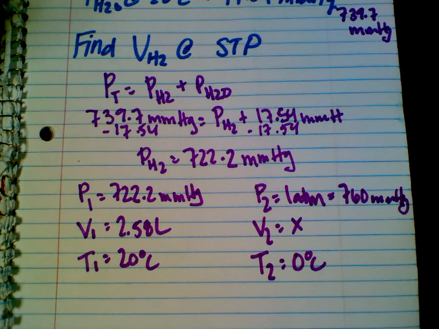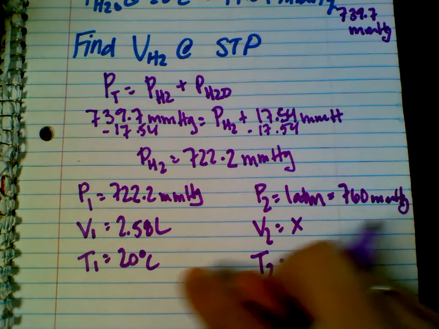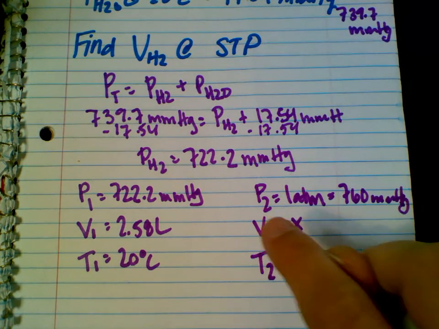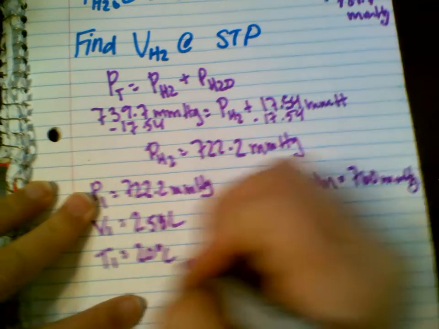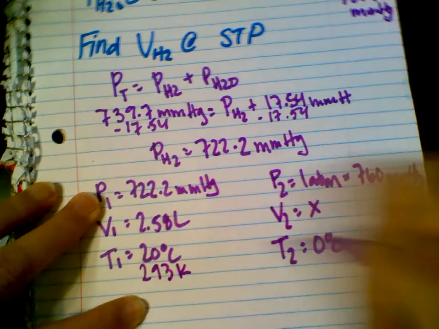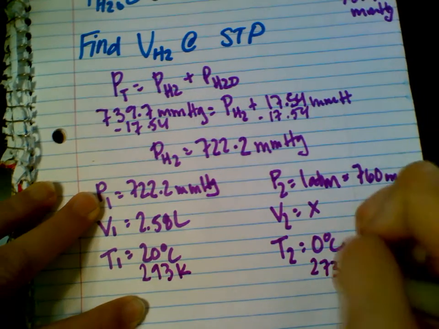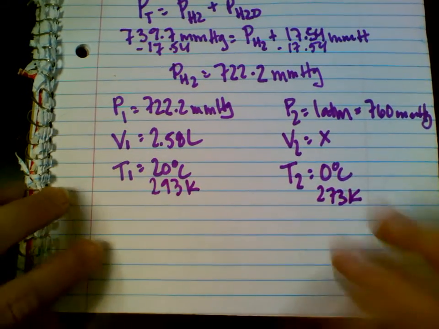So next I already changed this to millimeters of mercury, so they're the same, but I need to get temperature into Kelvin. So I'm going to add 273.15. This is going to be 293 Kelvin, and this is going to be 273 Kelvin when I add it. All right, and then I'm going to plug this into the combined gas law equation.